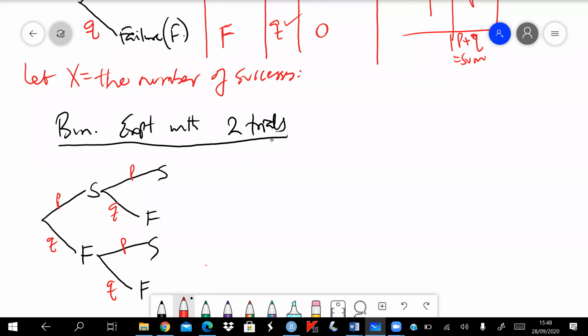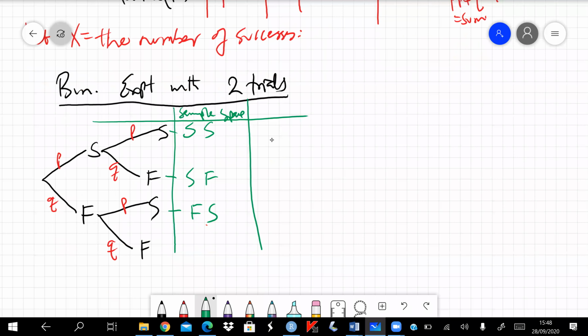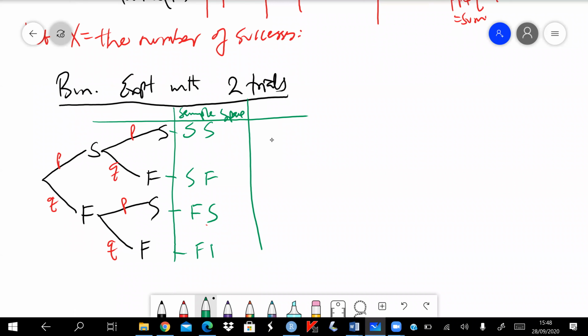And then the sample space. So let's enumerate the sample space. You can get SS, you can get SF, FS, and finally you can get FF. Okay. The probabilities: the probability of getting SS, we said that the trials are independent.